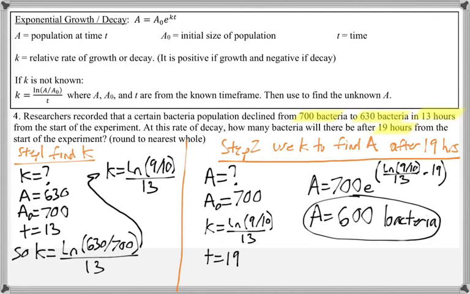If you have the older version of the calculator, then you'll have to type it in like this. And that should get you the 600.